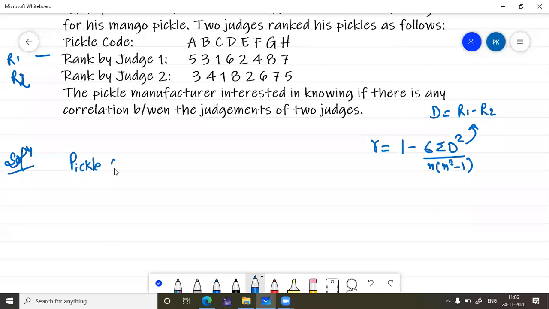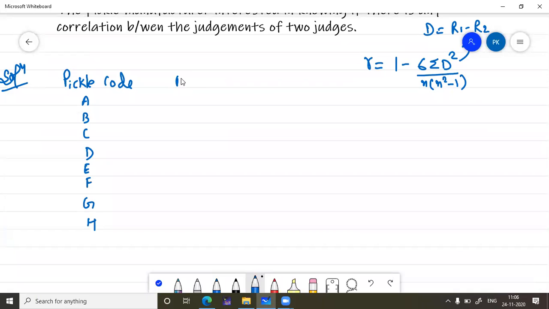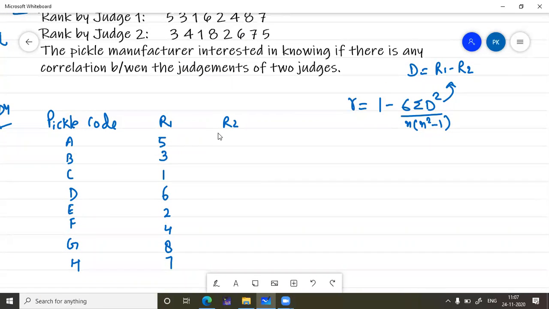So draw the table. We have the pickle code, A, B, C, D, E, F, G and H. Next is rank 1, given by judge 1, and rank 2. Rank 1 is 5, 3, 1, 6, 2, 4, 8, 7.